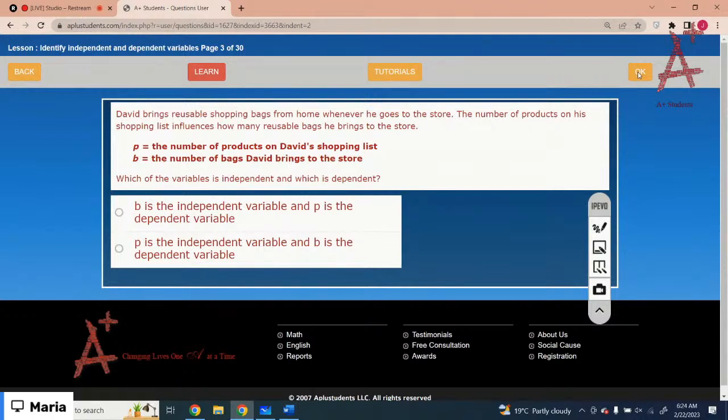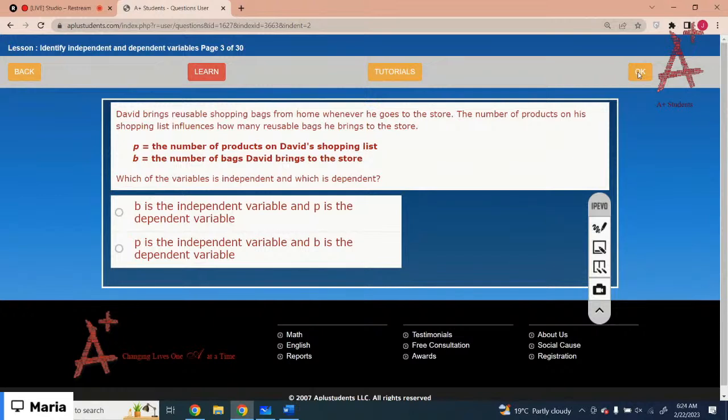That means if he has more items, more products in the list, he will have more bags. But if he has fewer items on the list, he will get fewer reusable bags. Got it?